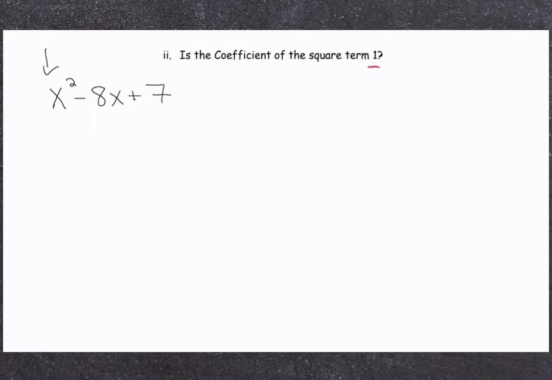It's understood to be a 1, even though we don't physically see a number sitting in the front. So that's what I mean by, is the coefficient of the squared term 1? In this case, you would say, yes, it is. The coefficient of the squared term is 1.